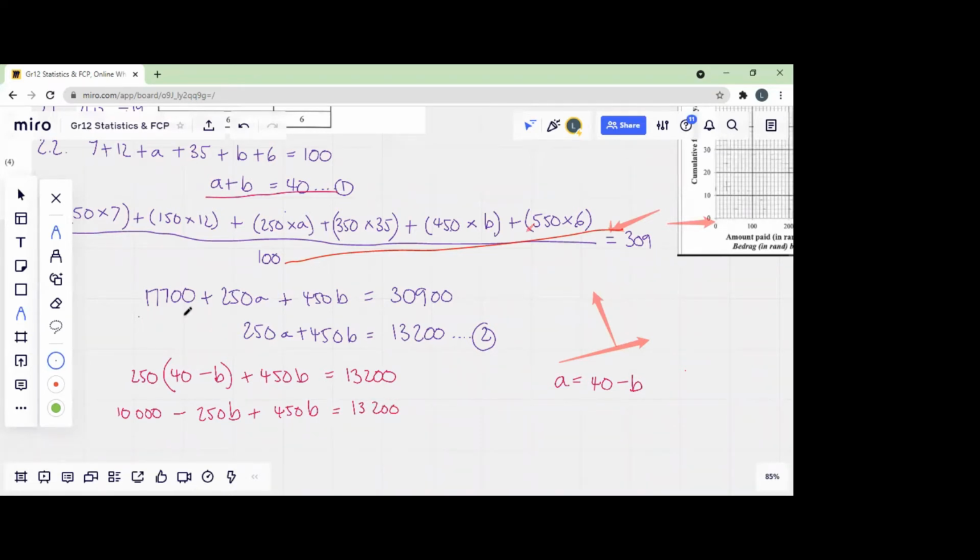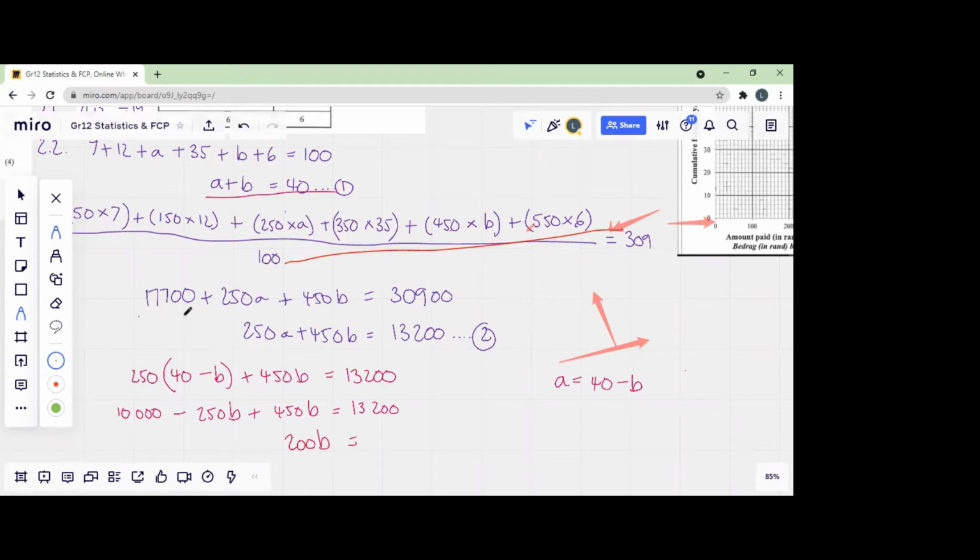Okay, and if I've got minus 250B and I add 450B, then it means I must have 200B, right? So I've got 200B on the left-hand side.